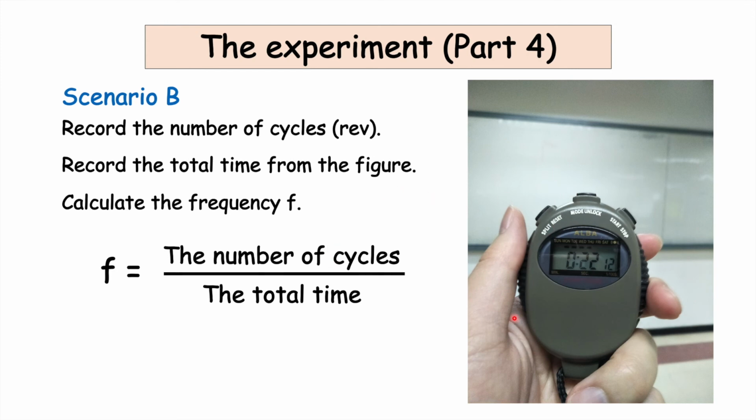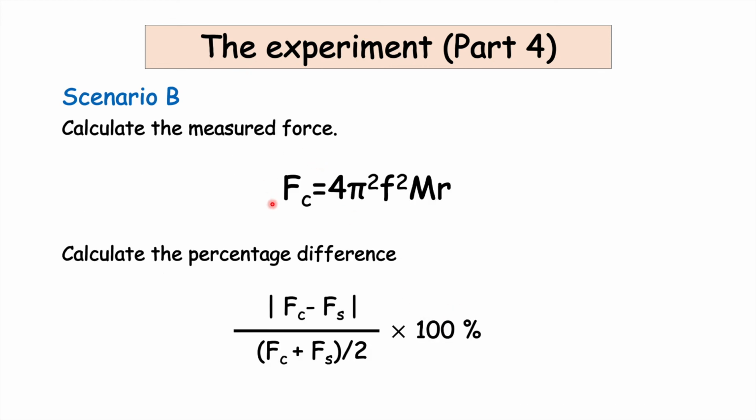Record the number of cycles and also record the total time from the picture. Calculate the frequency. Calculate the centripetal force for this part 4 and calculate the percentage difference by using this formula.